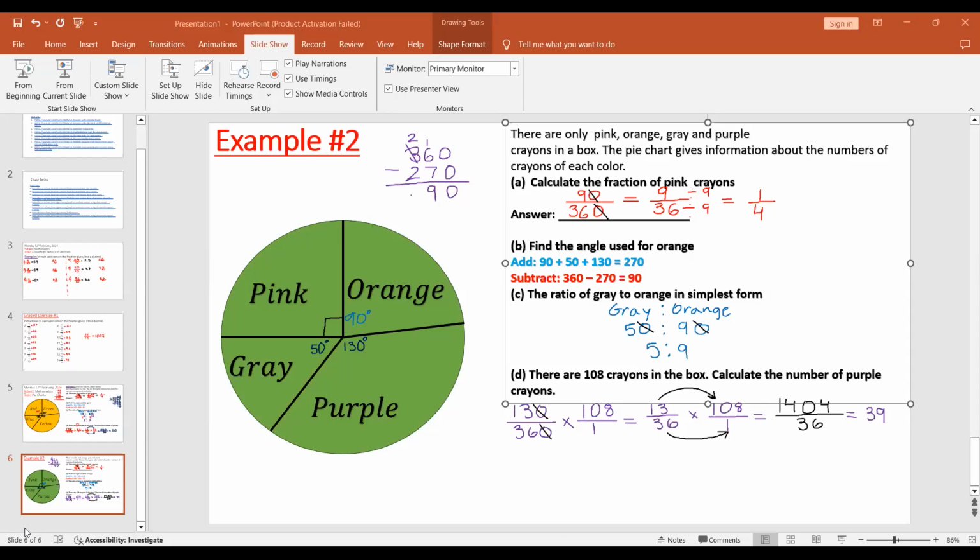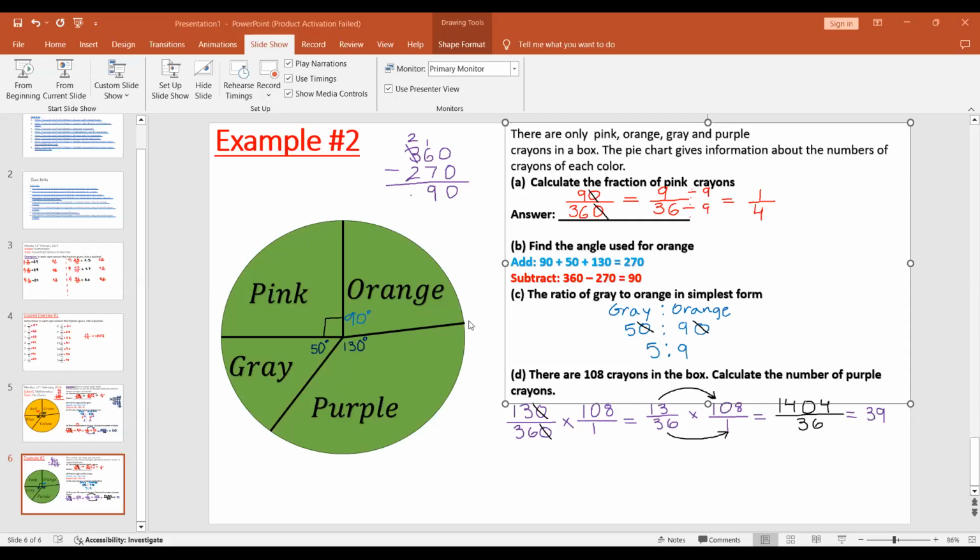Okay, good. And then for C, the ratio of gray to orange in the simplest form. So gray would be 50 degrees and orange would be 90 degrees. So then you just cross out the zeros, and the answer would be 5 to 9, because we can't simplify that any more.